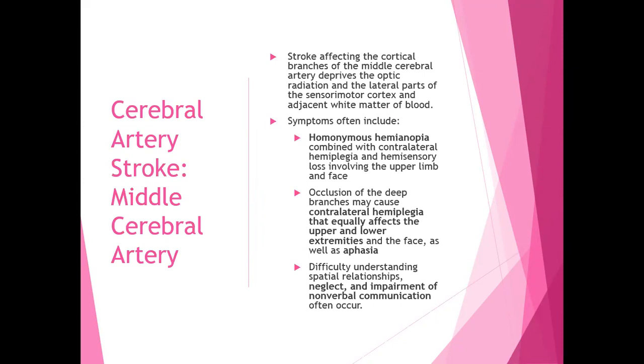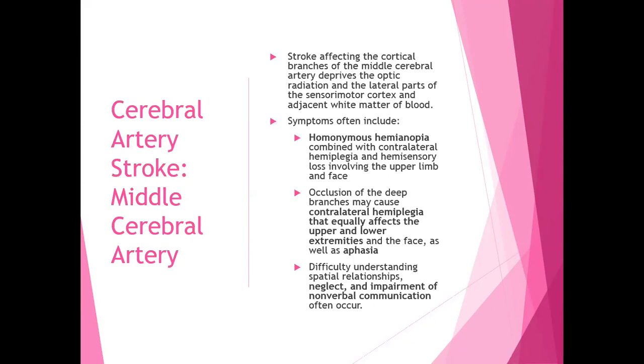So the symptoms include homonymous hemianopia, which is that visual field cut, combined with contralateral hemiplegia and hemisensory loss involving the upper limb and face. So if your stroke is on the right side, you're going to have hemiplegia on the left side. If your stroke is on the left side, you're going to have hemiplegia on the right side. That's that contralateral.